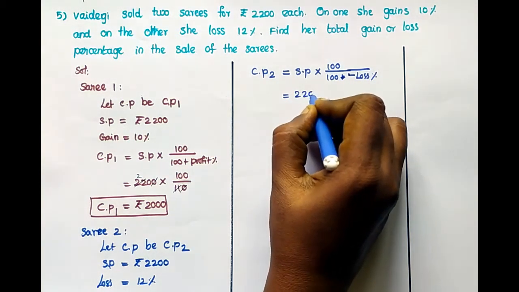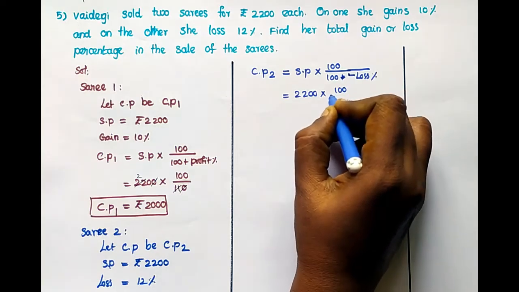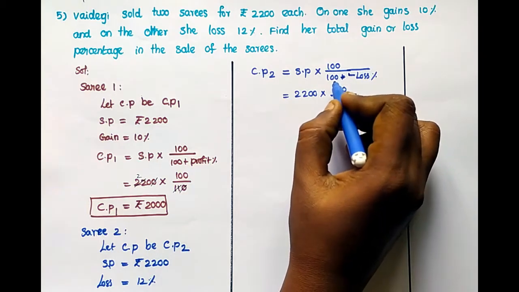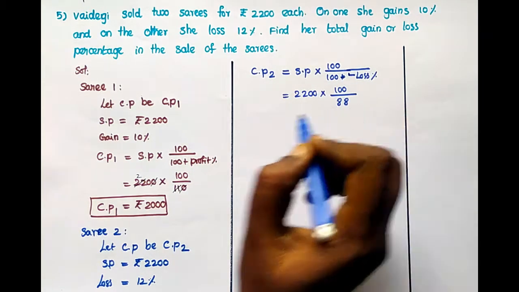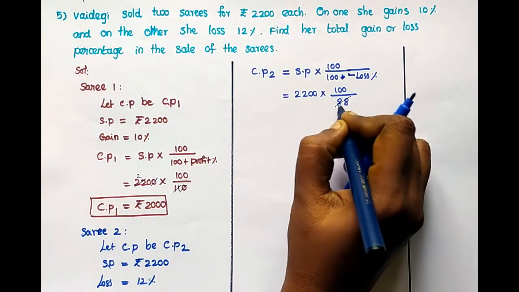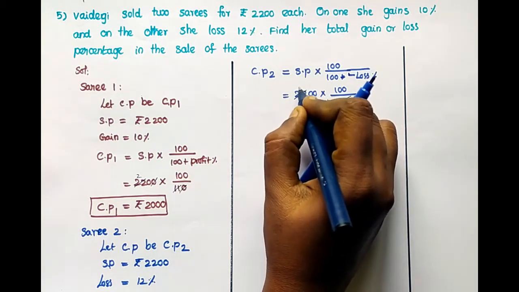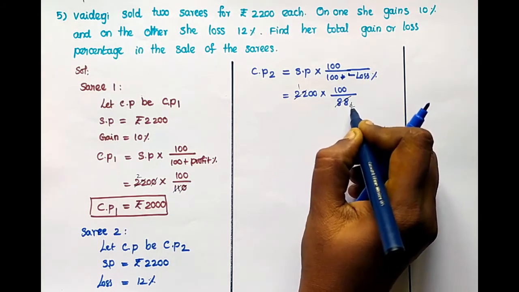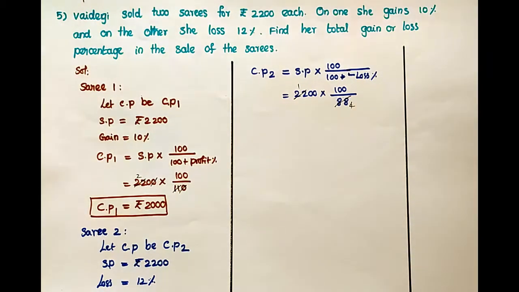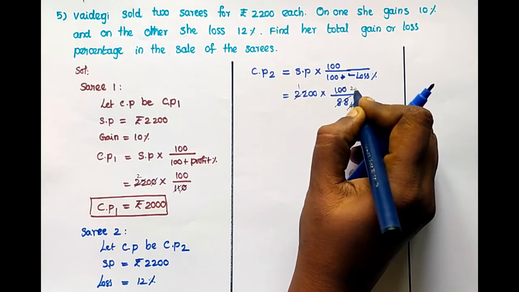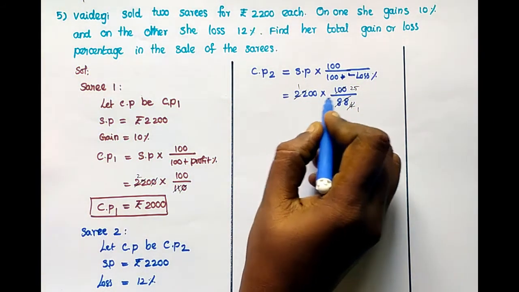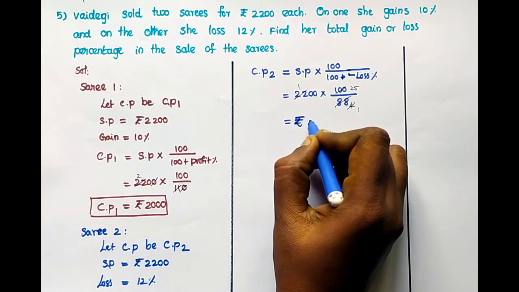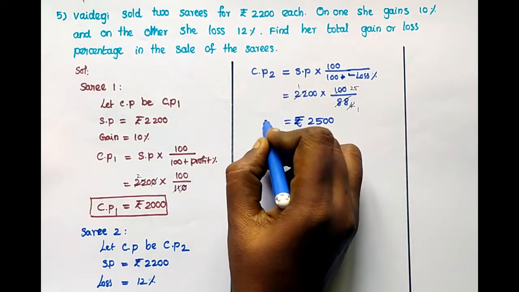So 2200 into 100 by 100 minus 12. So 100 minus 12, 88. Now the cancellation: 88, that is 22, 4 22s are 88. So again 4 1 is 4, 25. So 25 into 100, 2500, that is cost price 2.